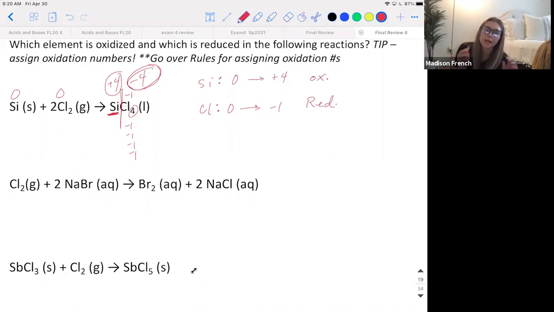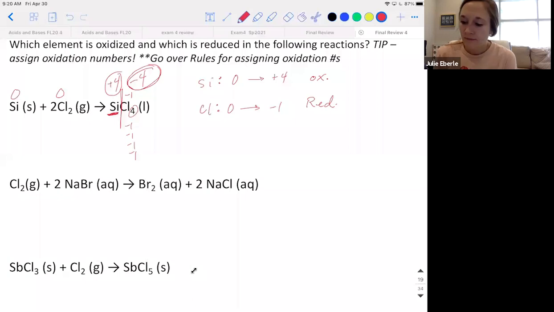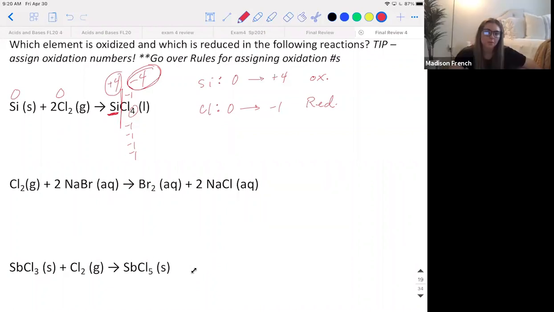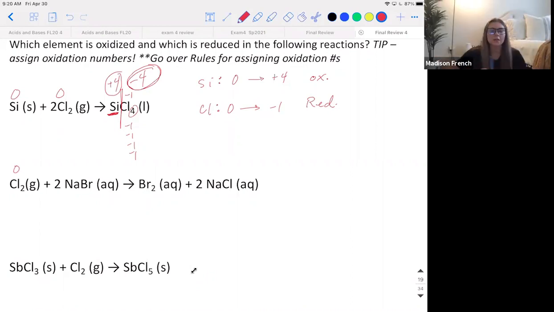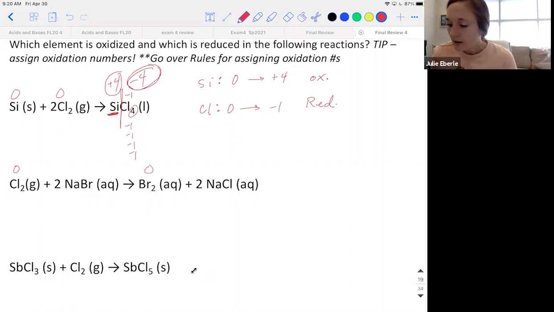So because they were by themselves at the beginning, that's why they're 0? That's right, Madison. I bet you can tell me what chlorine is going to be on the next one. 0. Yeah. Anything else going to be 0 in this one? The Br on the product side. Yep. Okay, so now what about sodium and bromine in this compound?